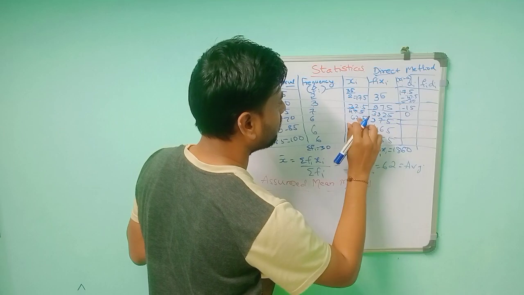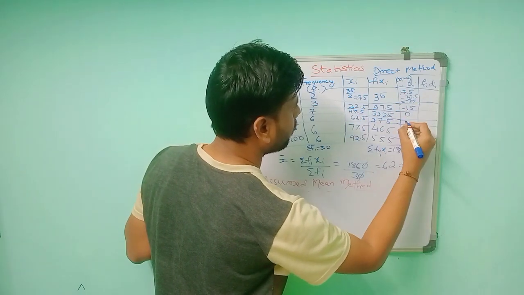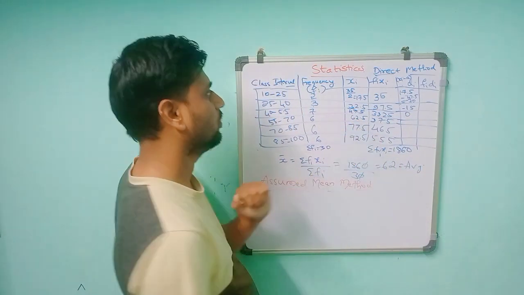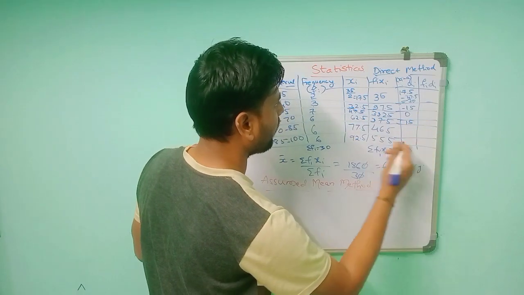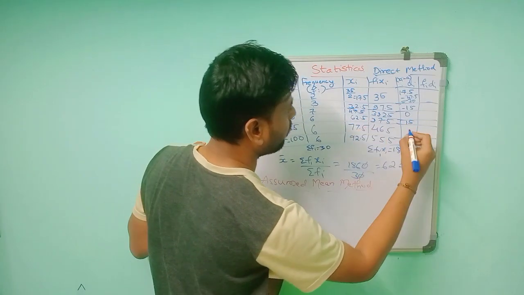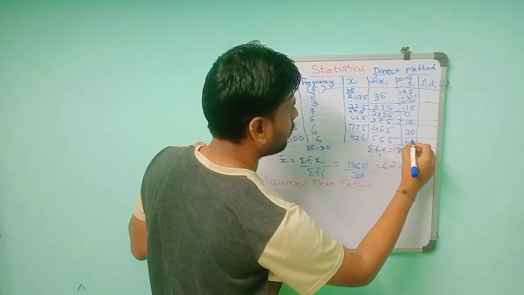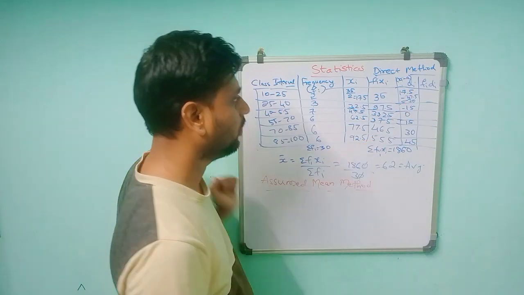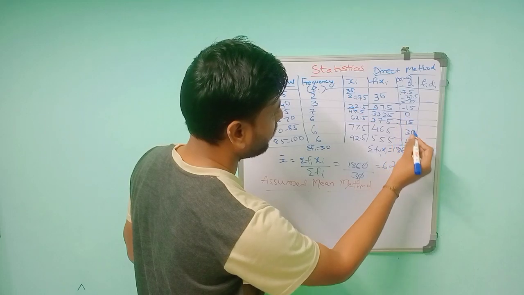For 62.5 it is more than 47.5, so we have to add, so plus 15. Then 77.5 minus 47.5 is 30, then 92.5 minus 47.5 is 45. So we got the values minus 30, minus 15, 0, 15, 30, 45.